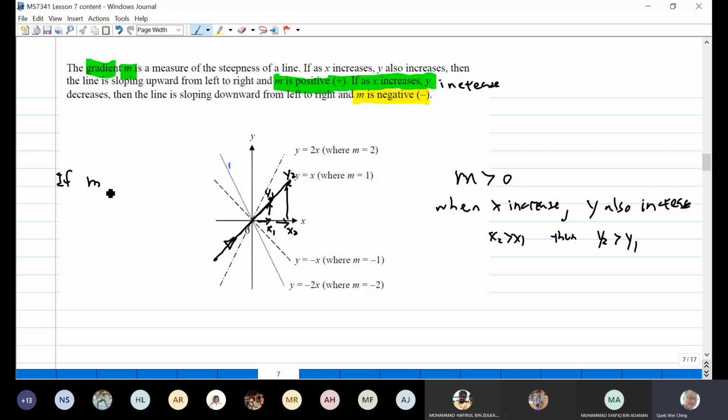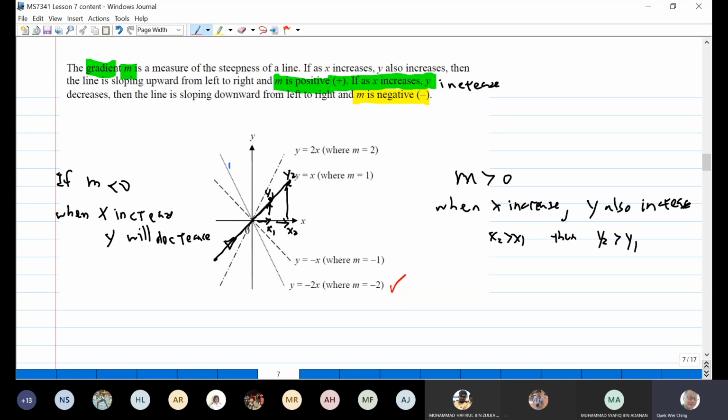If m is less than 0, negative, then when x increases, y will decrease, going down. So you can see how the graph looks like when m is negative. For example, this m negative here.